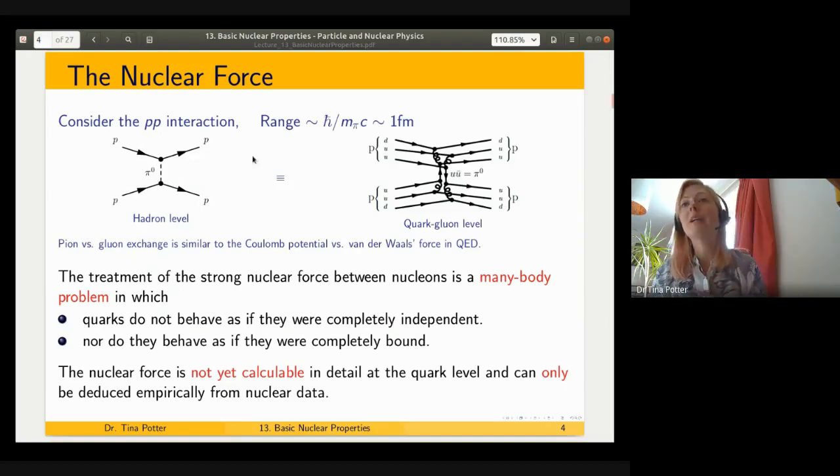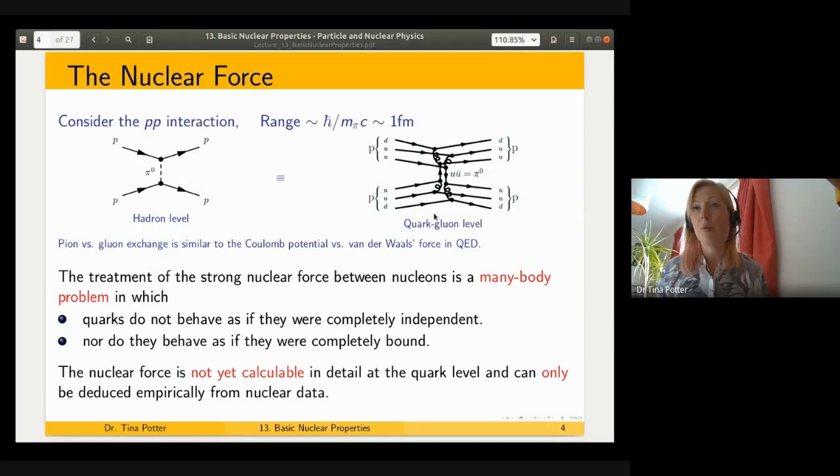So on a very complex quark level diagram here, the quarks inside of our protons are exchanging gluons, which results in a state like an up or anti-up bound state, like a pion, being exchanged between the two. And you can see how complex this is. Pretty much all of our quarks here are taking part in this interaction.